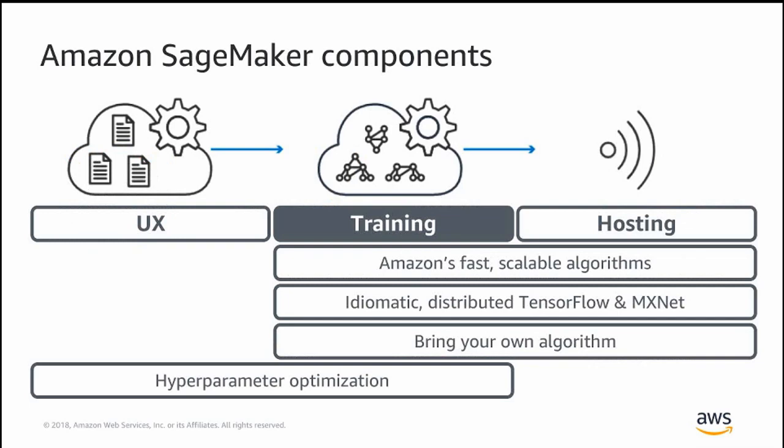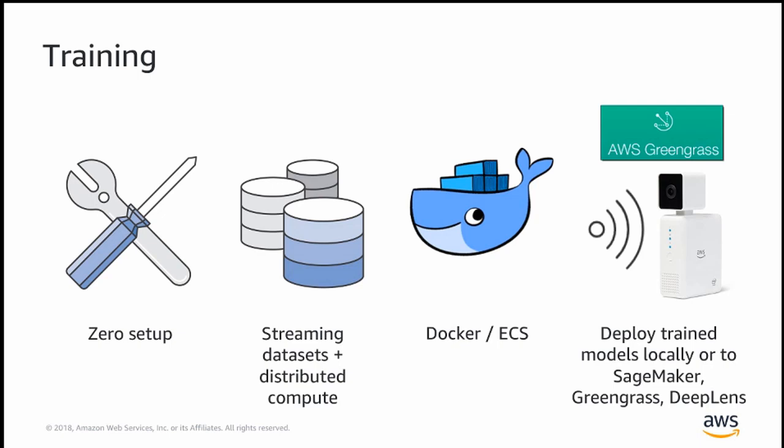The second component of Amazon SageMaker that we'll walk through is training. One of the great features of SageMaker training is that it's zero setup. When you create a SageMaker training job, we spin the instances up for you. We load the algorithm container code. We load the data sets. We process the algorithm code, wrap up the outputs, send them back to S3, and tear down the cluster, all without you having to change any of that functionality or code any of that functionality up yourself.